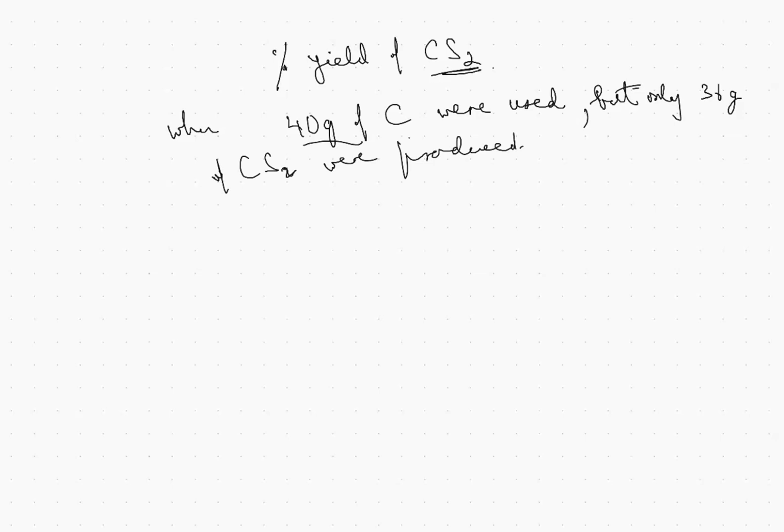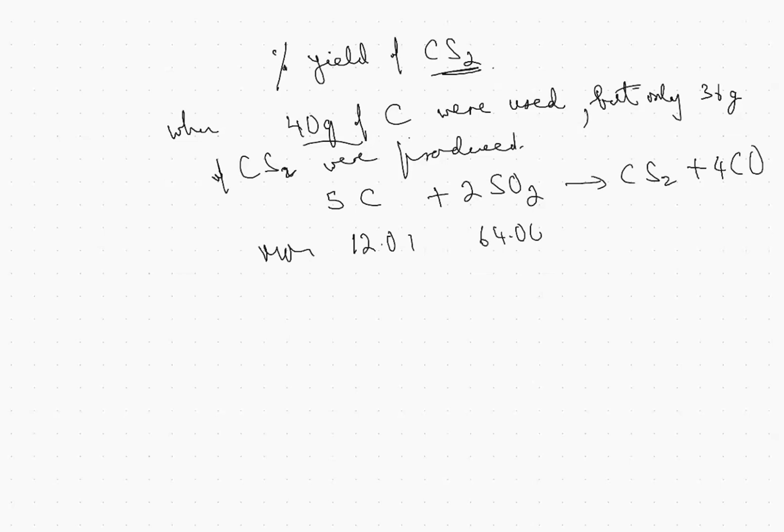Okay, all right. So now they have given the reaction 5C plus 2SO2 giving CS2 plus 4CO. Given the molecular mass is also 12.01, 64.6, 76.13, 28.01. Okay, so it's about carbon and CS2. So let me write here carbon and CS2.